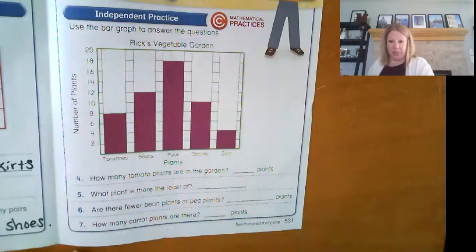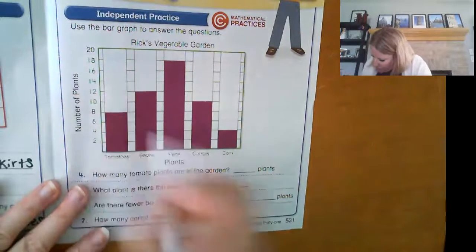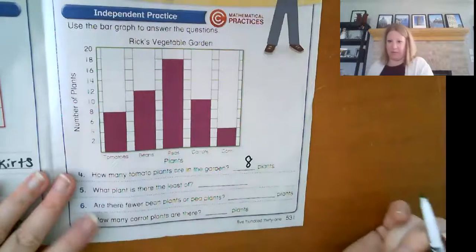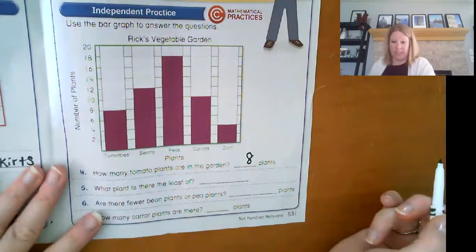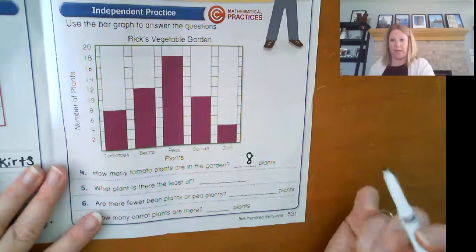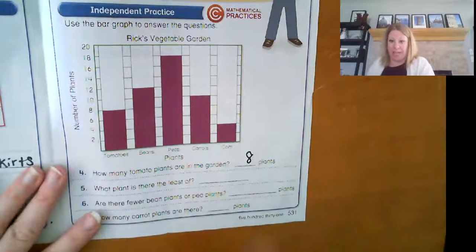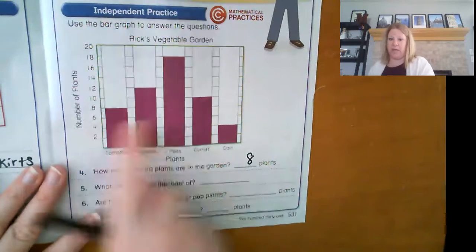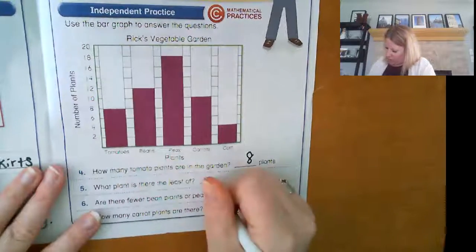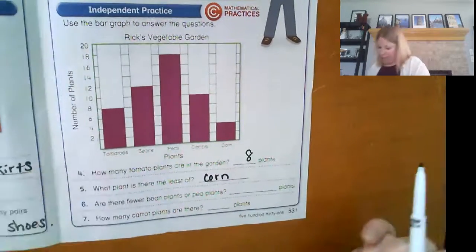How many tomato plants are in the garden? So tomato, and I go up. Oh, there's 8 tomato plants. What plant is there the least of? So the least of means I'm going to look for the bar that is the shortest. And I don't even have to look at the numbers. I can just tell by how short it is. And the shortest is corn. Are there fewer bean plants or pea plants?